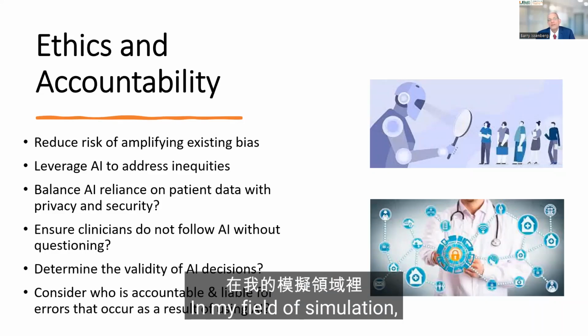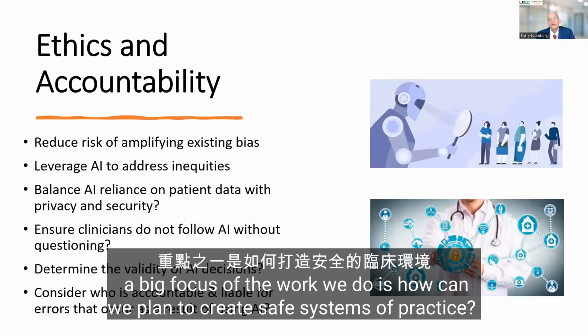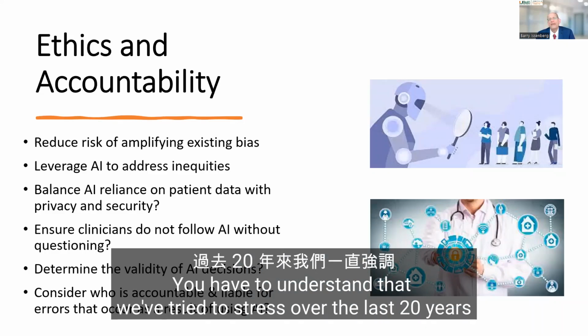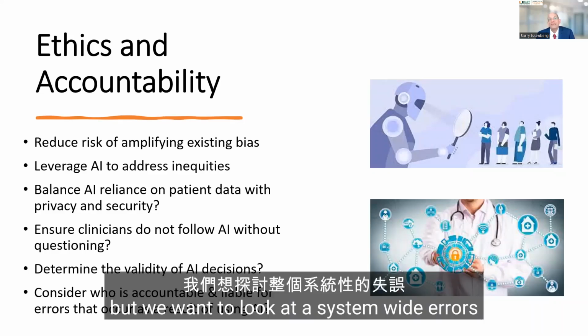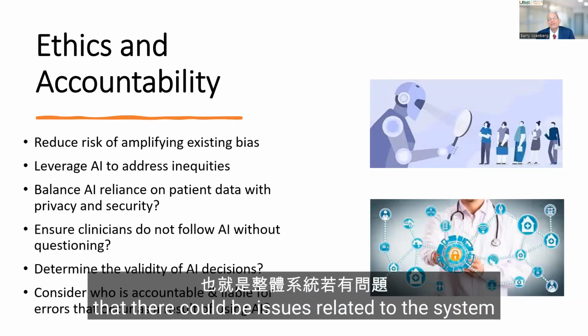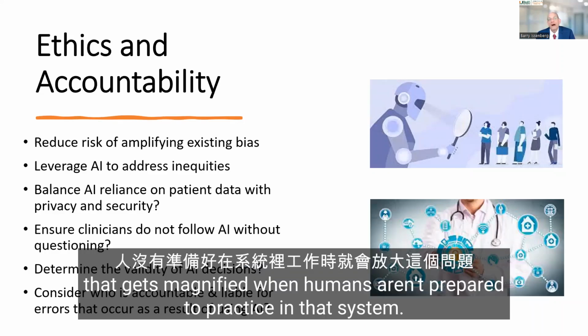In my field of simulation, a big focus of the work we do is how can we plan to create safe systems of practice. You have to understand that we've tried to stress over the last 20 years that we don't want to focus on a single individual human error, but we want to look at system-wide errors, so that there could be issues related to the system that get magnified when humans aren't prepared to practice in that system.